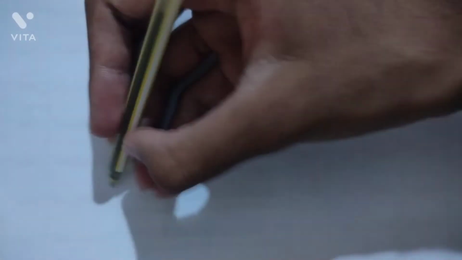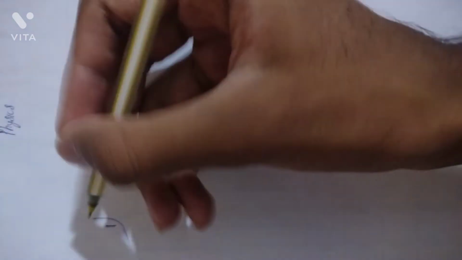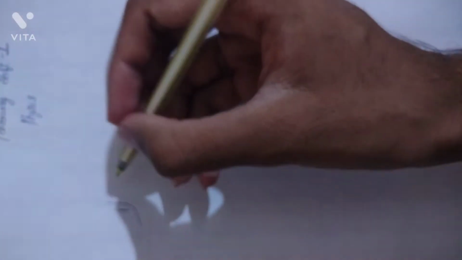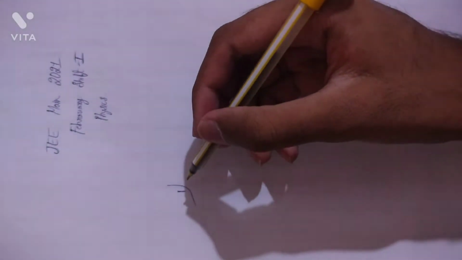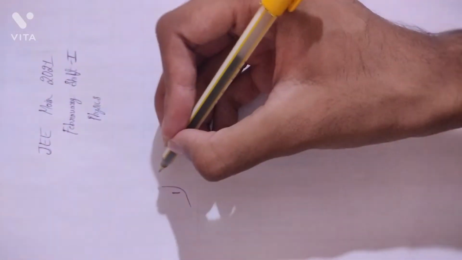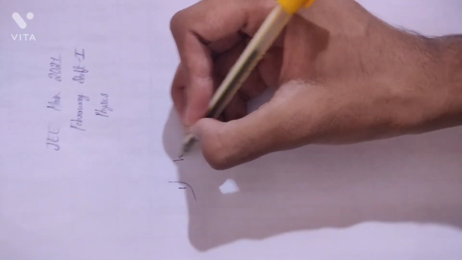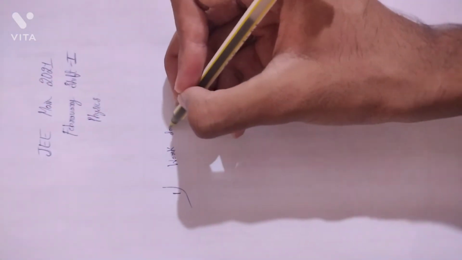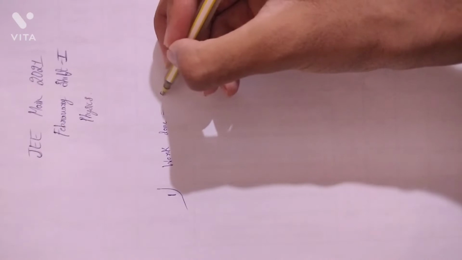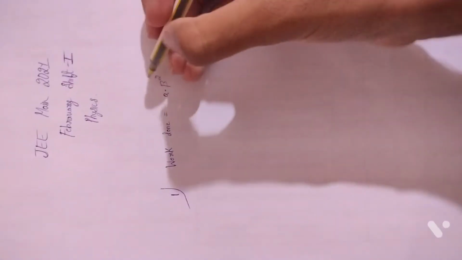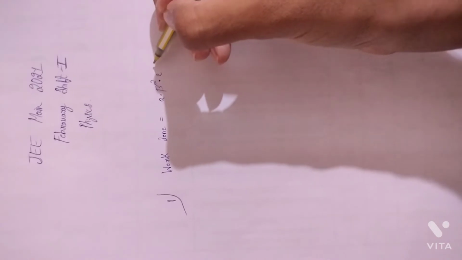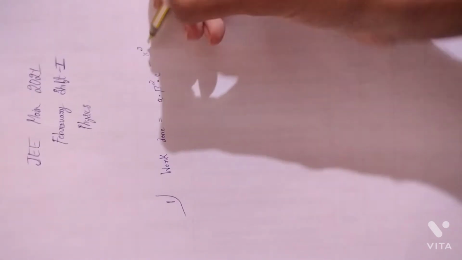Now if we come to the work done formula, I am solving the first question. Work done is equal to A into E to the power of minus X square by A K T, that is the formula.